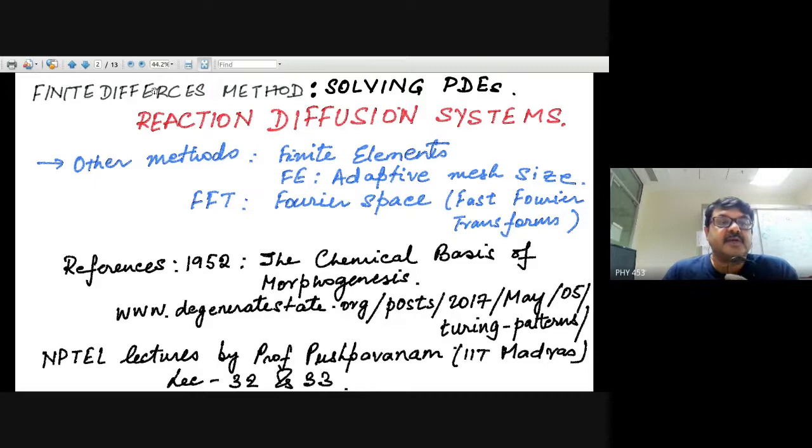So I want to emphasize that the finite differences method is not the only method for solving PDEs. There are other methods like finite elements, which engineers use a lot. It's again about discretizing space and time, but one can have different mesh sizes, and finite elements is often used to model the flow of, say, air or wind across airplane wings.